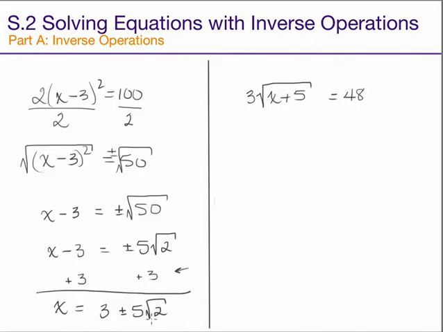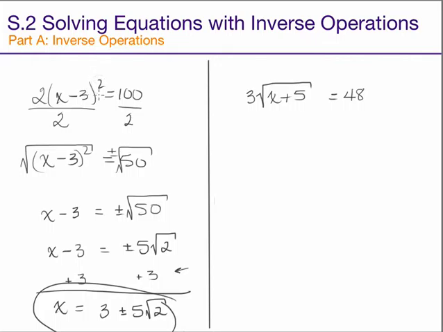If I knew what the square root of 2 was, I could multiply it by 5 and then add that to 3, or subtract it from 3. 3 plus whatever this is and 3 minus whatever this is are my 2 answers. But I don't know what this is, not exactly, unless I leave it like this. So this is my final answer.